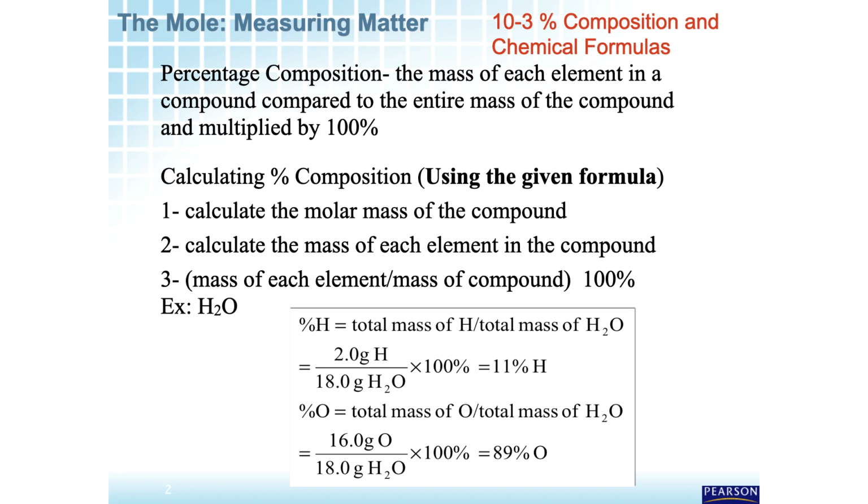In this case, 16.0 grams oxygen would be 1 mole of oxygen, and the overall molar mass is 18. So 16 divided by 18 times 100 is 89%. Now you'll notice when you finish, your total percent should add up to a sum of 100, and 89 plus 11 does that.